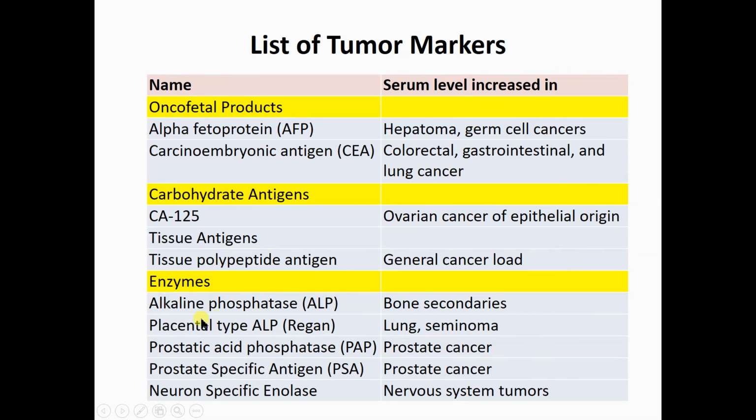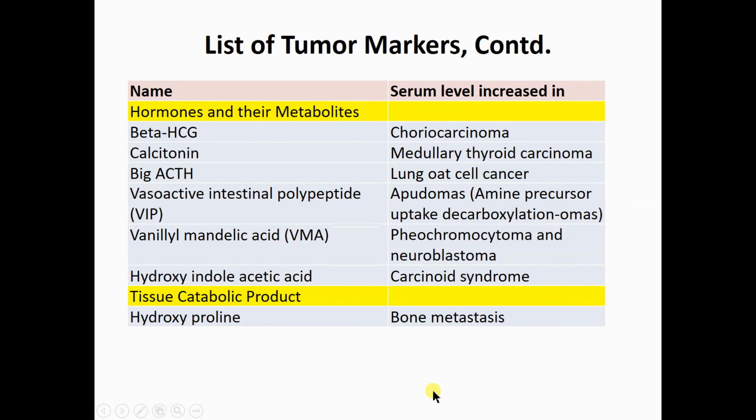Then enzymes: ALP in bone secondaries, placental type ALP Regan isoenzyme in lung carcinoma and seminoma. Then prostatic acid phosphatase in prostate cancer, PSA in prostate cancer, neuron specific enolase in nervous system tumors, neuroblastoma. Hormones: beta HCG in chorionic carcinoma, calcitonin in medullary carcinoma of thyroid.